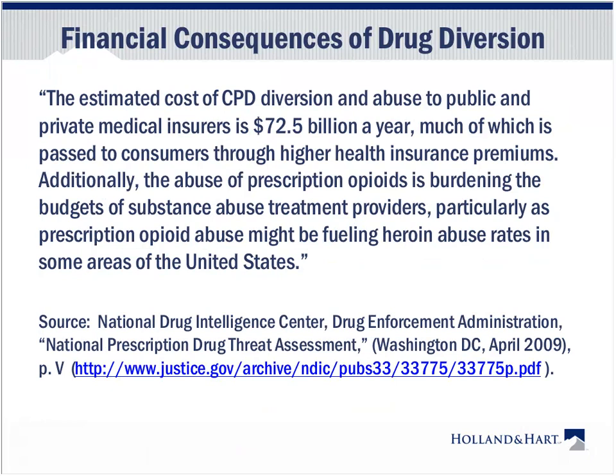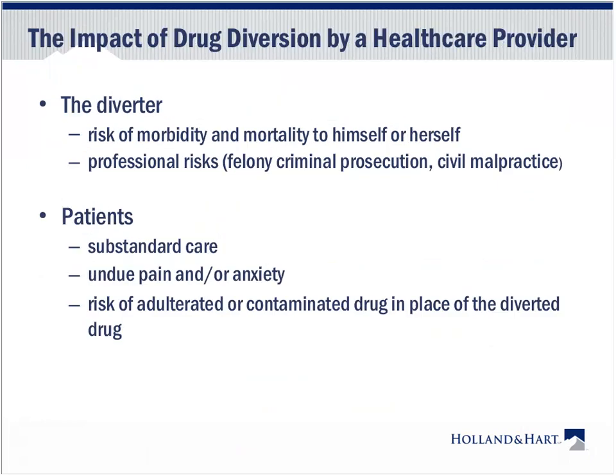And much of that then gets passed on to consumers through higher insurance premiums. Additionally, the abuse of prescription opioids is burdening the budgets of substance abuse treatment providers, and particularly as the prescription opioid abuse might be fueling heroin abuse rates in some areas of the United States. So the financial consequences are phenomenal.